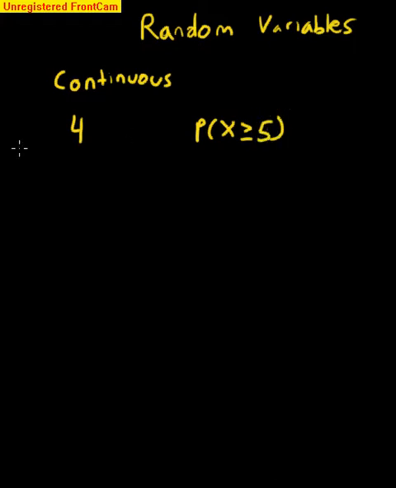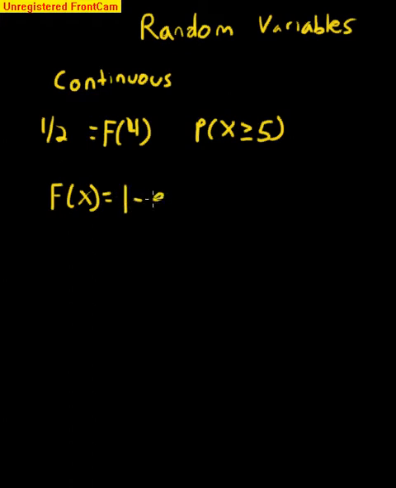So this is what we want, and we were given that our median is 4. So that means that this has to be true. The general form of our CDF for exponential distributions is 1 minus e to the negative x over theta for x greater than 0.